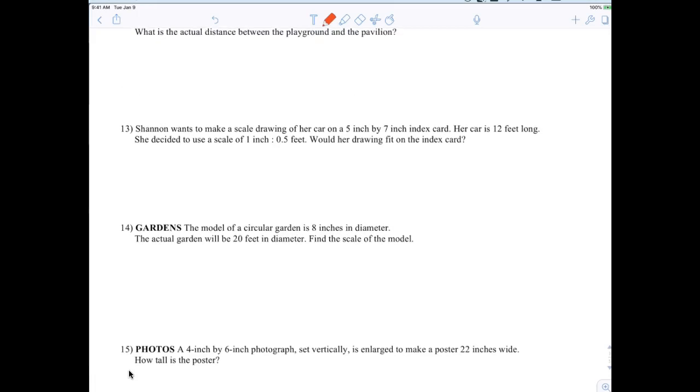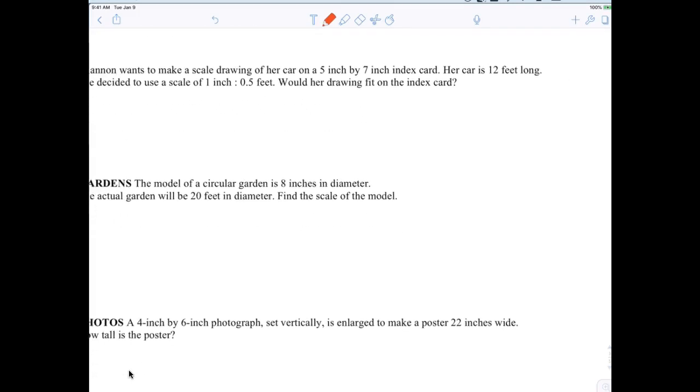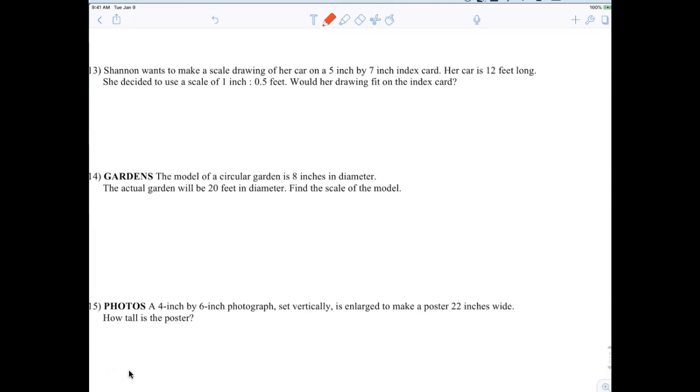13. Yeah, I think that's kind of the same. She decides to use a scale of 1 inch to 5 feet. But would her drawing fit on the index card? So let's see. I don't mind doing this one because I think it's good. Her car is 12 feet long.